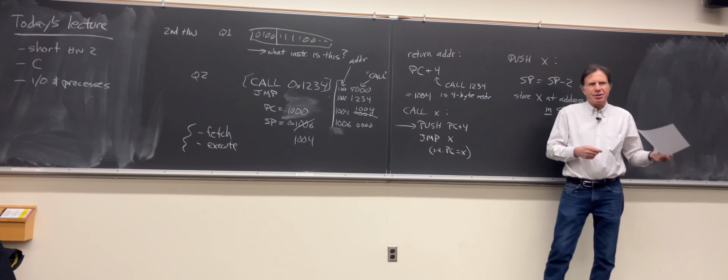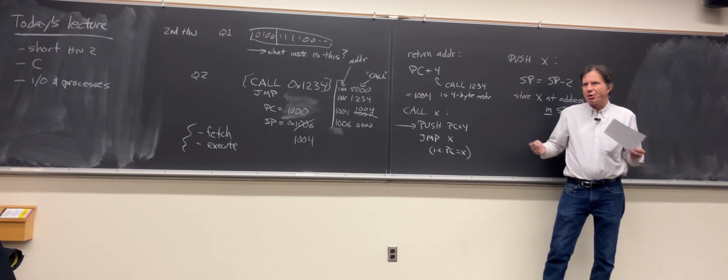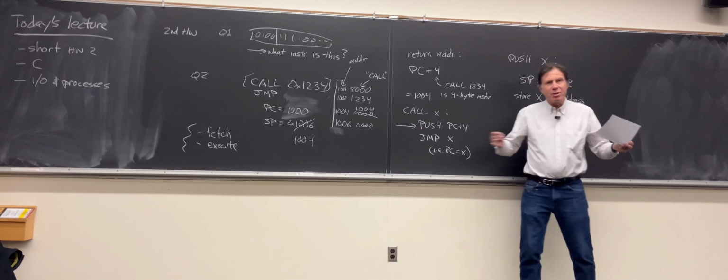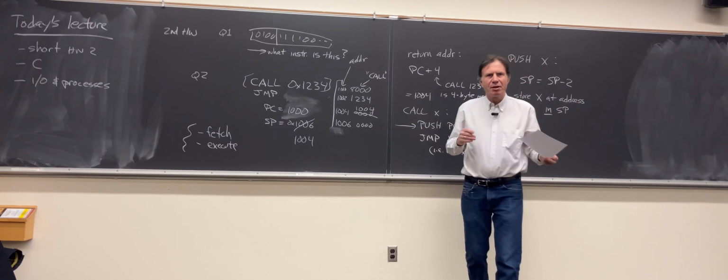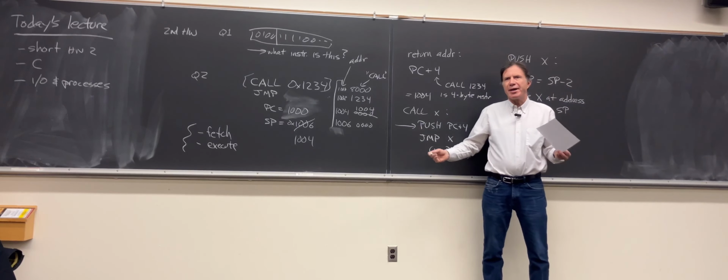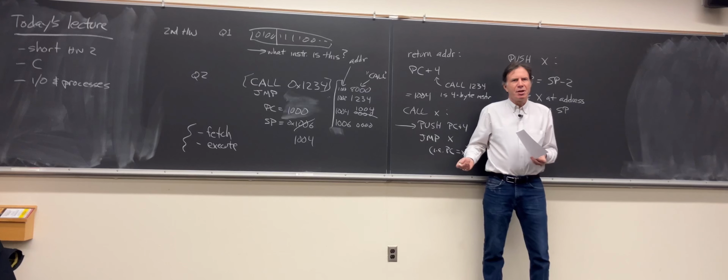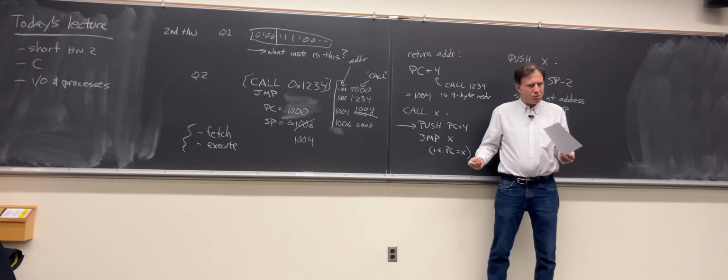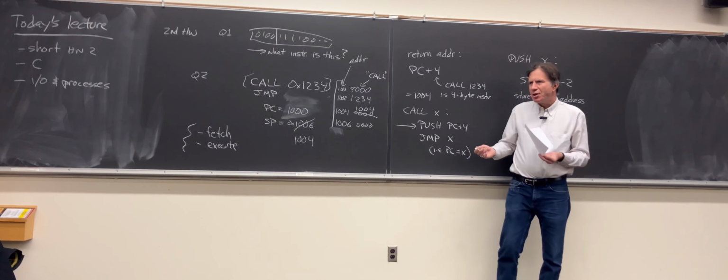All that a jump is, is setting the program counter so that the next instruction will read from that address. We don't actually look at the address when we jump to it. The call instruction stores to the stack, and the return instruction reads from the stack.